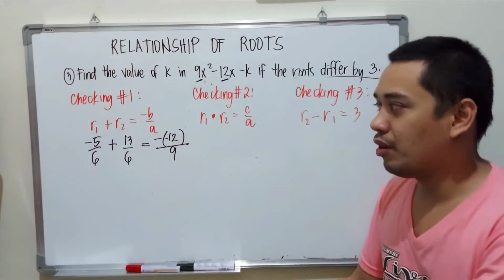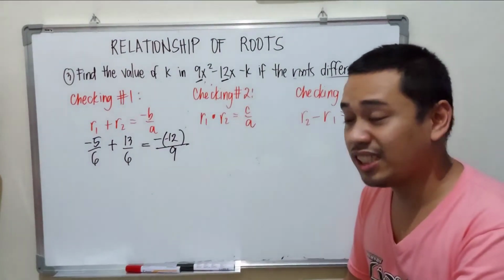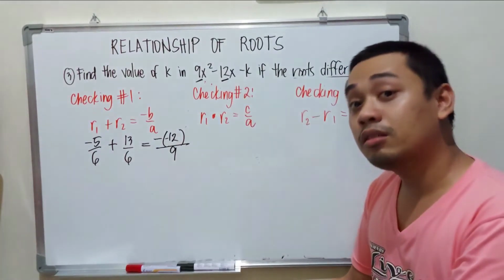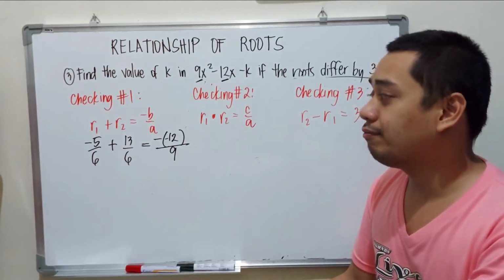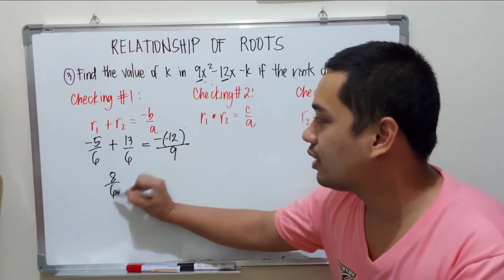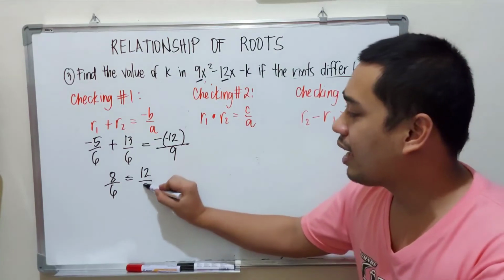What is the sum of negative 5 over 6 plus 13 over 6? Since parehas naman sila, like fractions, just add the numerator. Negative 5 plus 13, we have, correct? We have 8 over 6 is equal to 12 over 9.